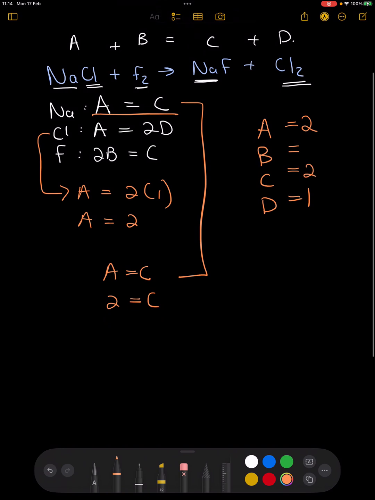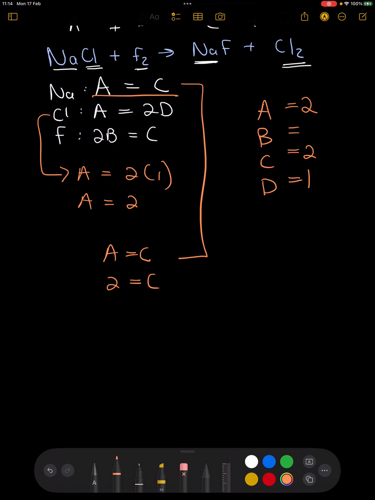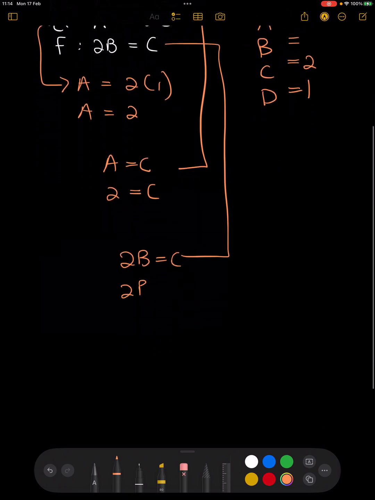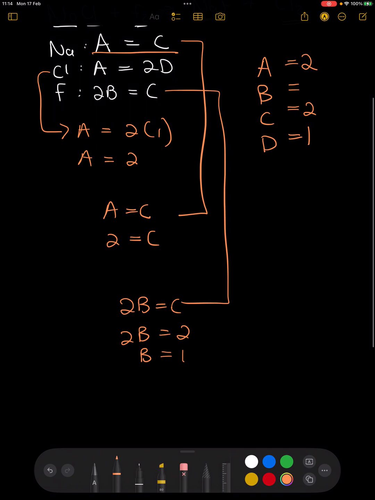Then the only one I still need is B, so we can go to this equation over here. So 2B is equal to C, and we just established that C is equal to 2. So 2B is equal to 2, meaning B is equal to 1 if I divide that 2 away.